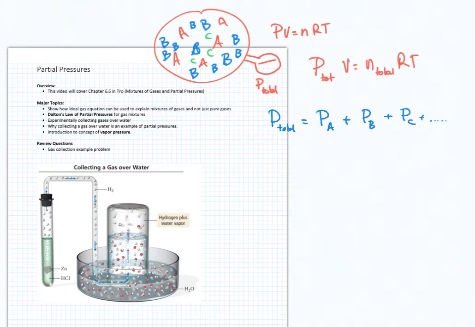We'll just do two because that's the simplest way to look at it, but you can imagine any number of gases would give us the same result. So this equation right here just simply says that the total pressure is equal to the sum of all the individual partial pressures. These are called partial pressures. And what we measure on the pressure gauge is just adding the contributions up from all of them. This is called Dalton's law of partial pressures.